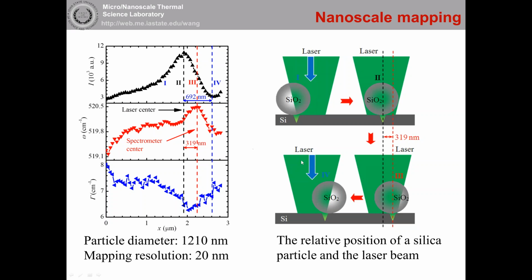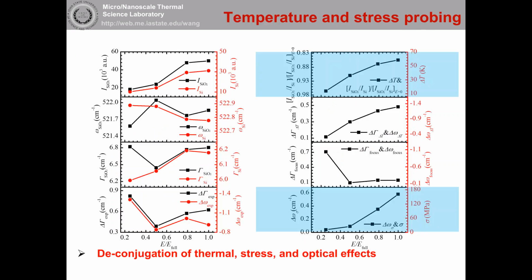If you do the scanning, this can be used to tell how good the laser focusing is. Is the laser center exactly in the middle of the optical path or not? And also using this, we get the temperature rise of the silicon and the particle, and also the stress.